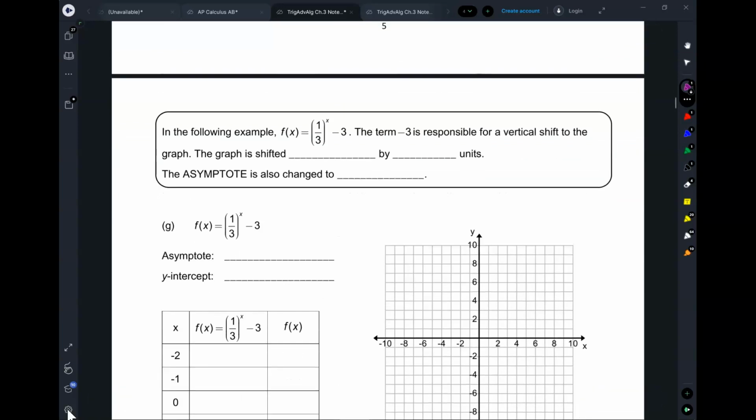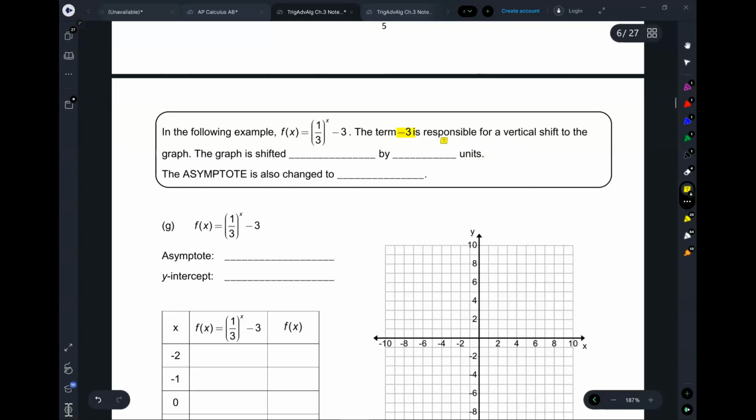Next I have 1 over 3 to the x minus 3. Up to 1 over 3 to the x, this is exactly like what we've been seeing until now. The change is that there is a minus 3 here, but that minus 3 hasn't been applied to the x. It's done to the whole graph. You guys with me? That term, negative 3, has a different function.